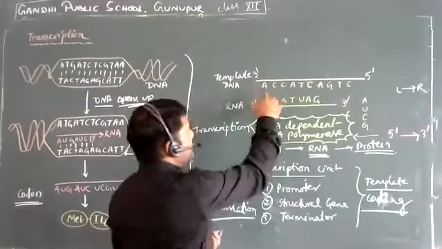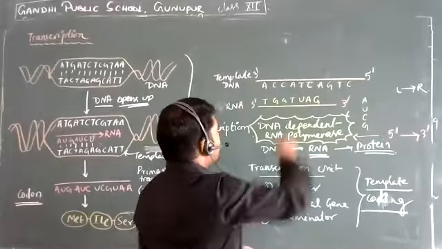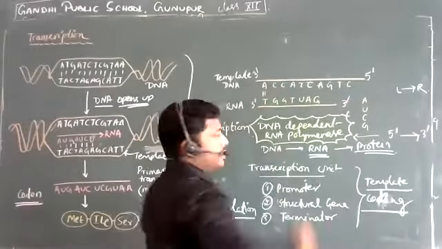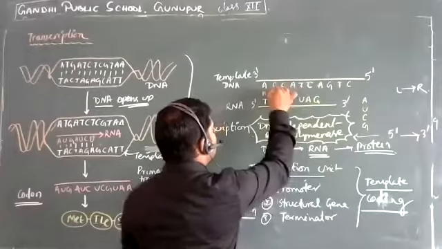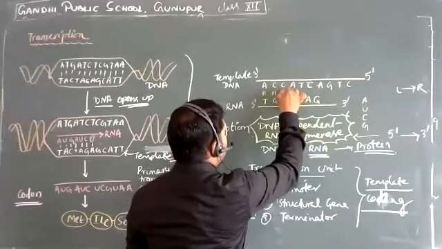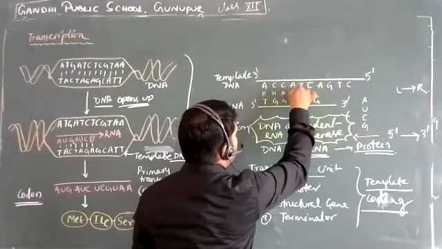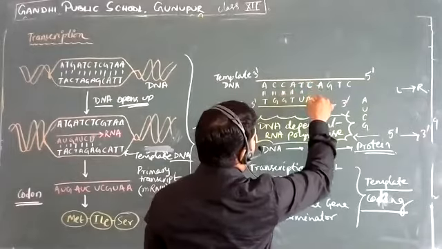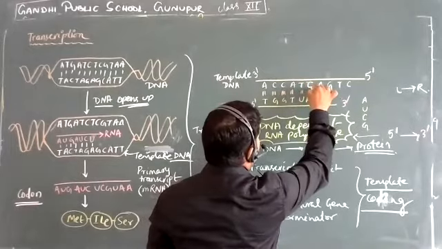If you can see here, adenine is going to form a double bond with thymine, and cytosine is going to form a triple bond with guanine. So now tell me, can you find a fault with the sequence that I have made?